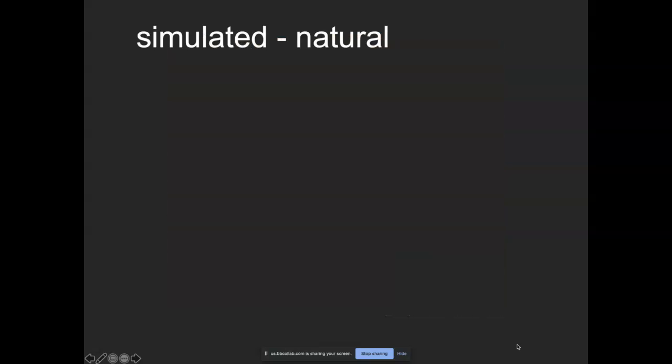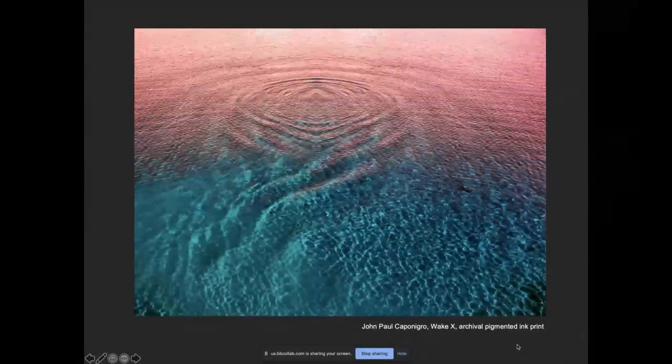All right, so you can simulate natural textures. Here's a digital image where the texture of rippling water is duplicated and reversed and blended together in such a way to create a kind of symmetry. The resulting texture is even more intensified. So it's a natural texture that's simulated. It's not the real thing, but it is a simulation of it.